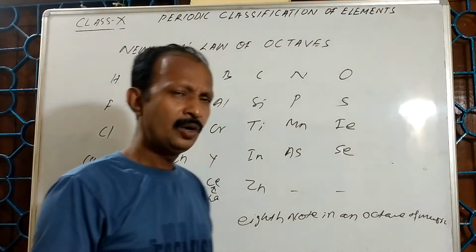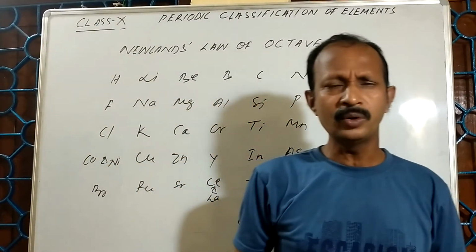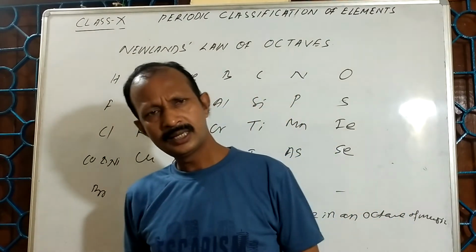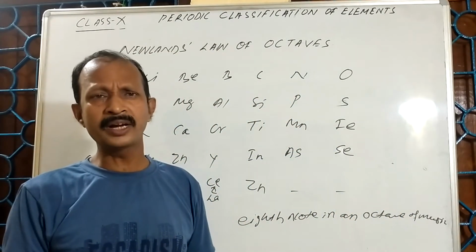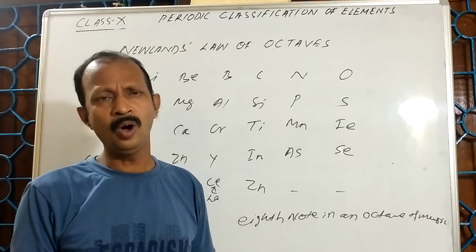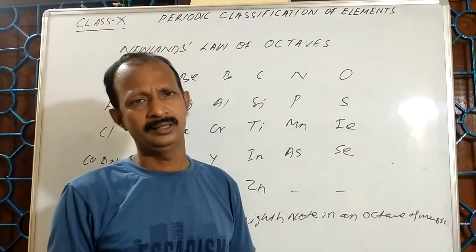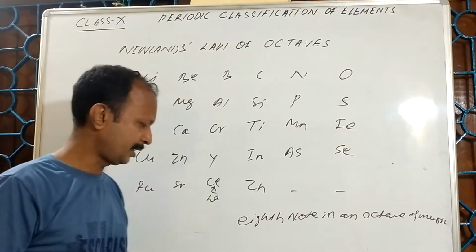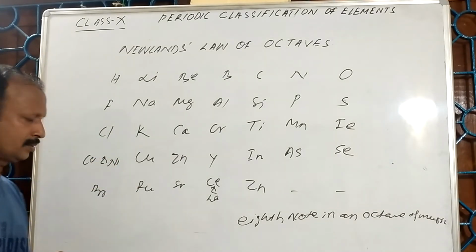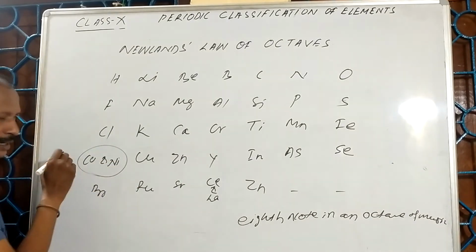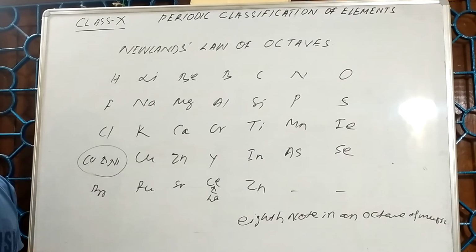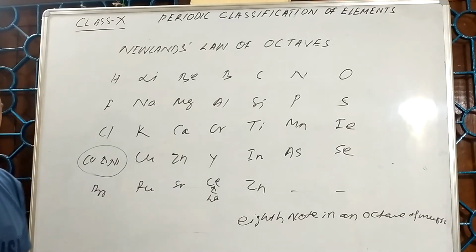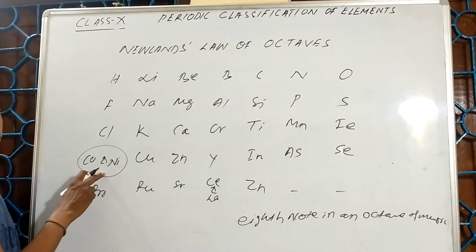The second thing is that when Newlands arranged the elements, only 56 elements were there. So he said that no other elements exist. That is one of the mistakes. The third thing is that some elements, cobalt and nickel, despite a difference in properties, he put together in one slot.